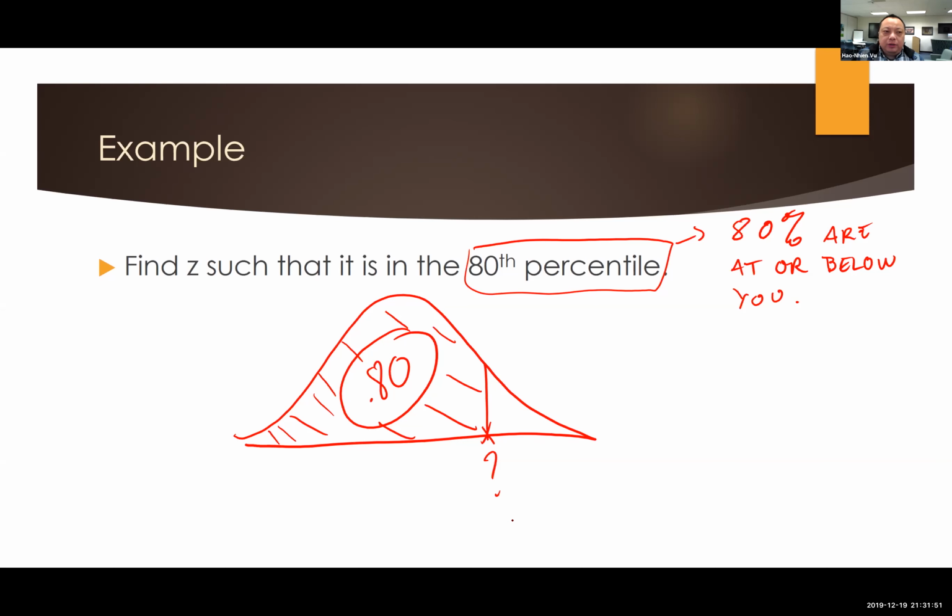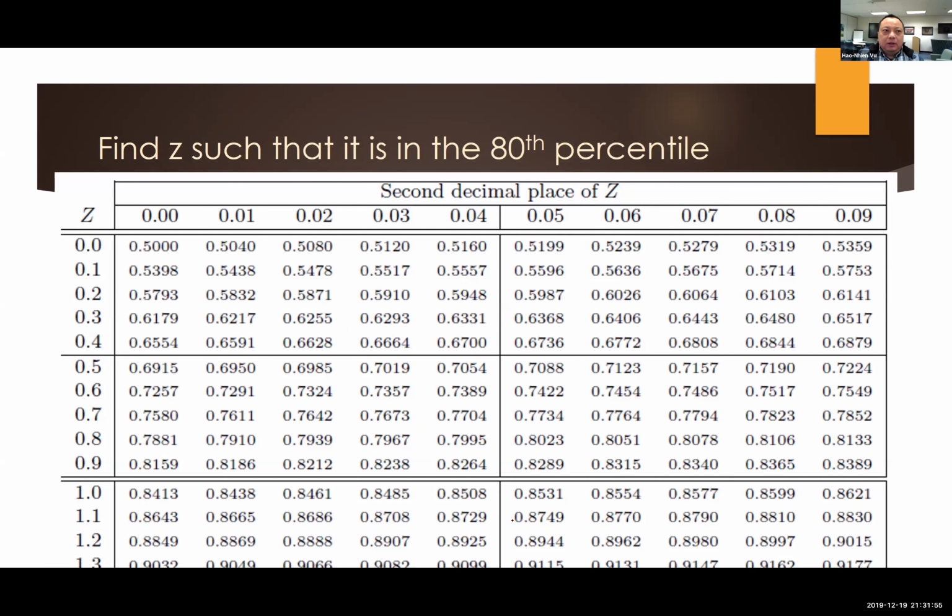So that's what we do on the table. On the table, we look for 80% in the area, and the area is here. Okay, the z is on the edge and the area is in the body. So we go in the body looking for the area of 80%, and it's somewhere between these two numbers.